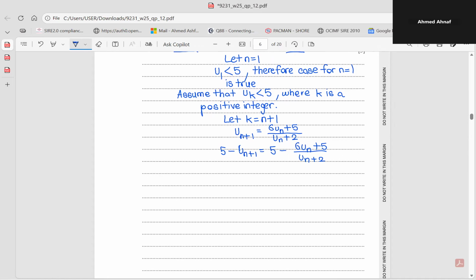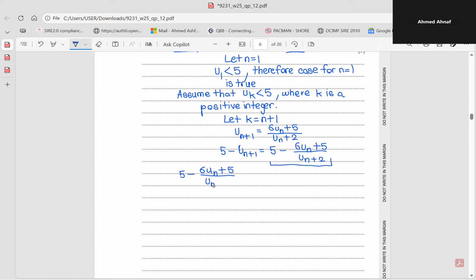Okay, so now our goal is to combine this whole thing into a single fraction, which we can confidently say is more than or equal to 0.